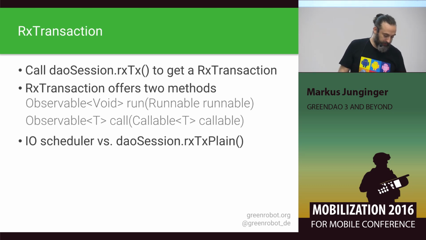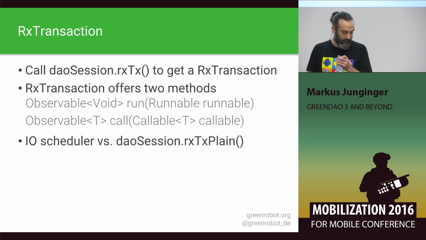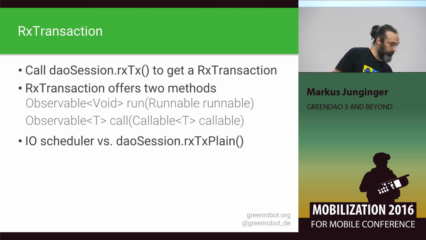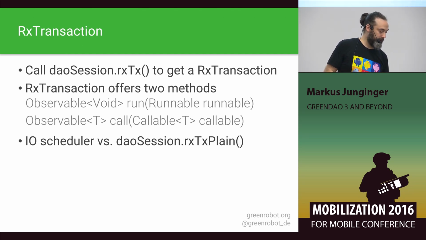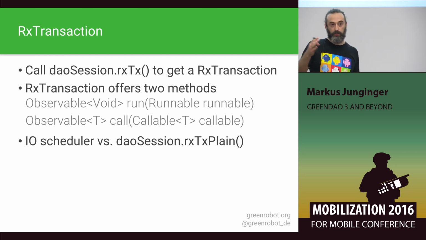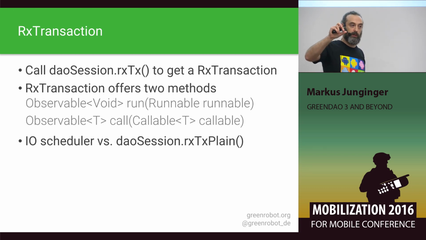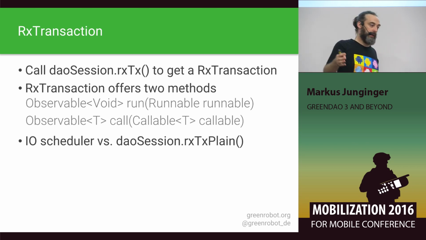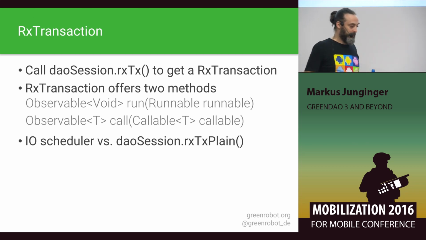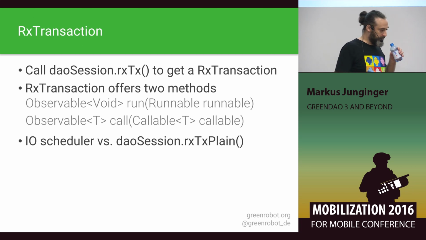Basically, the same stuff is going on for transactions. And there are two methods. So you can give either a runnable or a callable, and this will be executed as a transaction. Okay, and probably in the I/O thread.